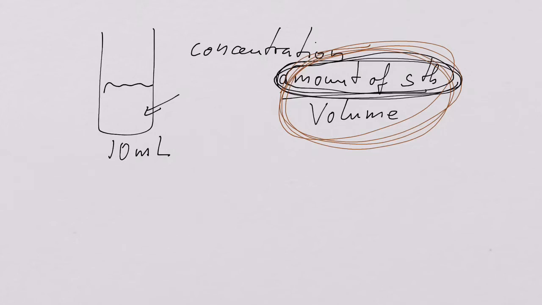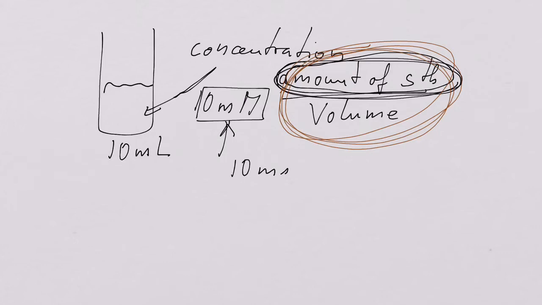So, let's say a solution is always defined by its volume and by its concentration. So, for example, let's say we have a concentration of 10 millimolar. So this here means 10 millimolar.